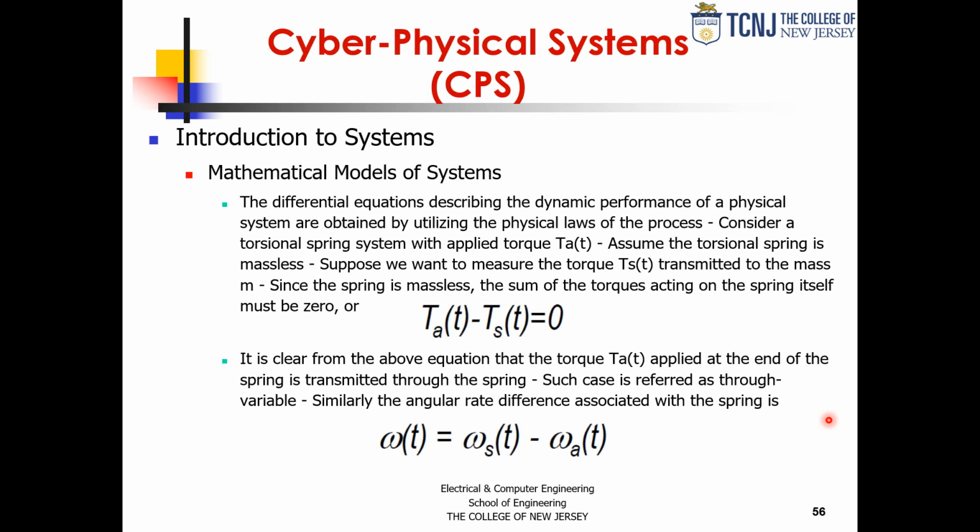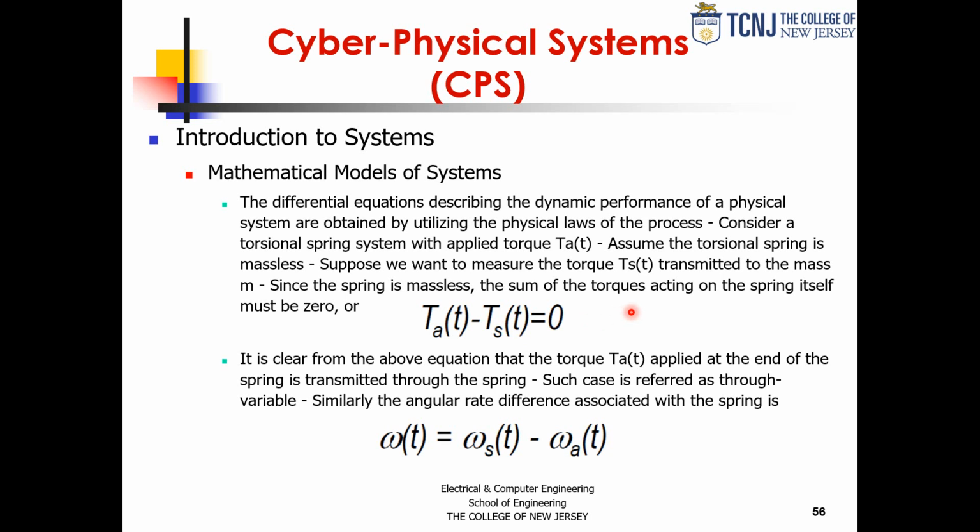So you can have an equation like the one here, and if you look at that equation, because you have conservation of energy and mass, if you apply the torque T sub A at the end of the spring, it is transmitted through the spring, okay?